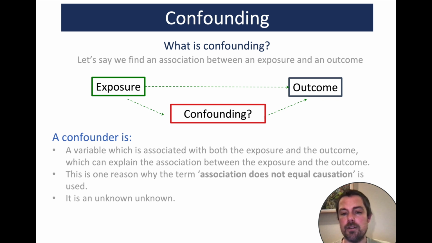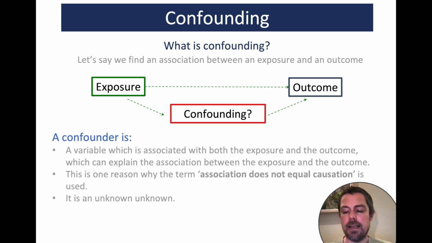It is an unknown, and it might be a socioeconomic variable, a community-based variable, something that wasn't measured by the study investigators, and that's the actual explanation. All observational studies are prone to this phenomenon.